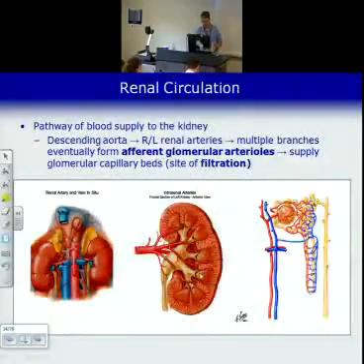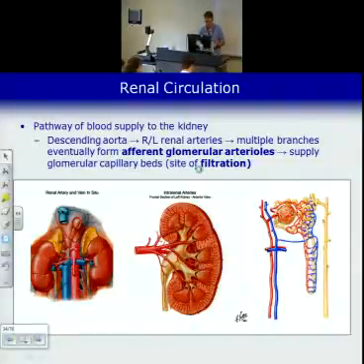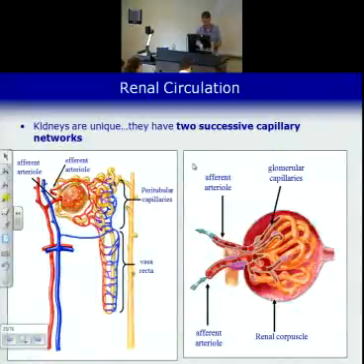Circulation. We've chatted about it a little bit. Not sure where we need to go other than you should just simply recognize the pathway, but I don't think there's anything to add here we haven't already talked about. On this slide, I would like to emphasize a little bit of difference between these two scenarios, function-wise. We have these short nephrons, and we have these long ones that are involved in concentration.